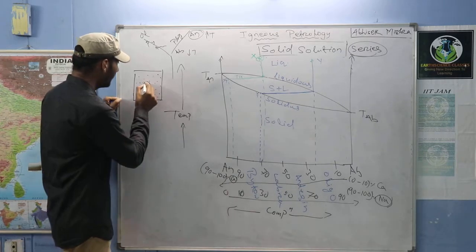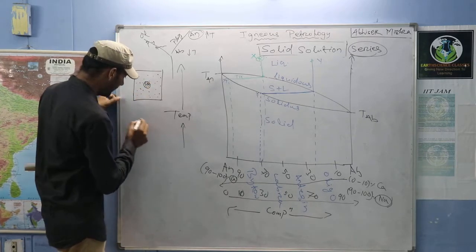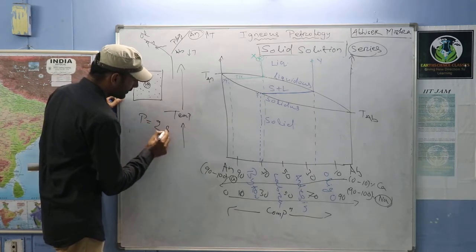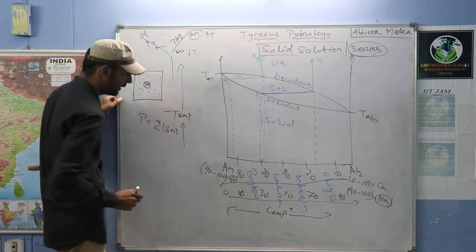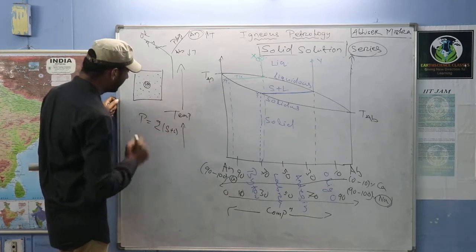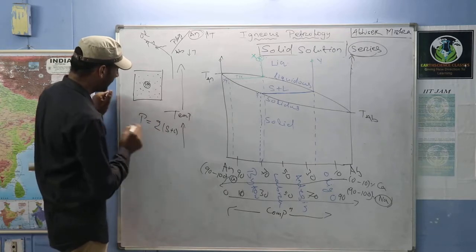So one solid phase is there, and the number of phases will become 2. One is solid, one is liquid. The solid is more anorthite rich, and there will be liquid.